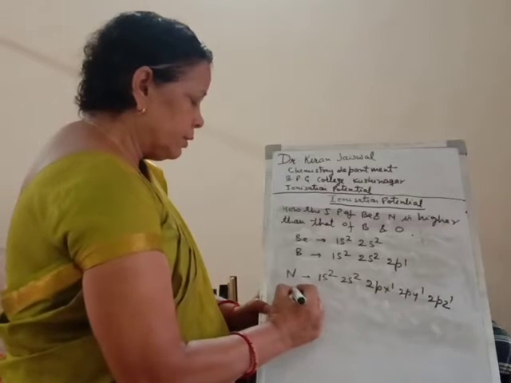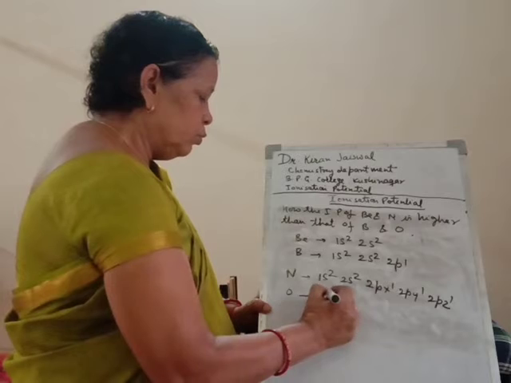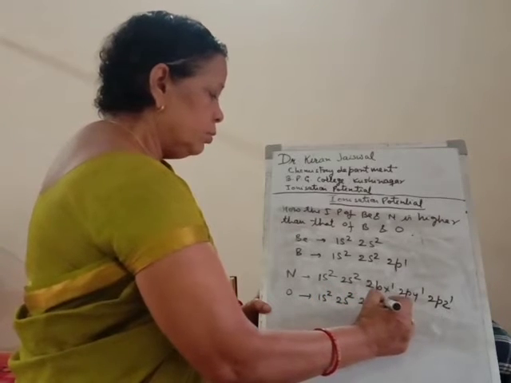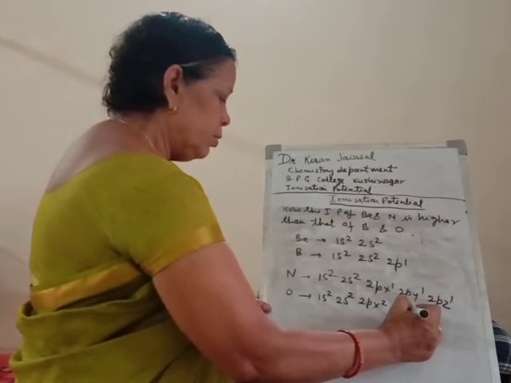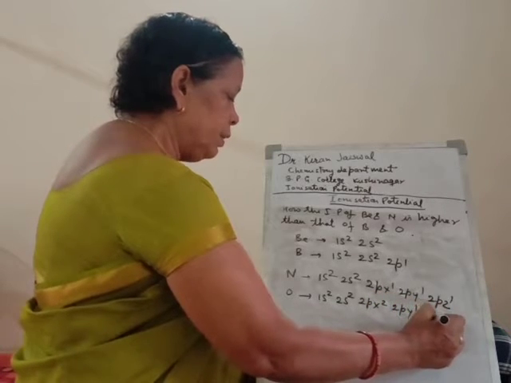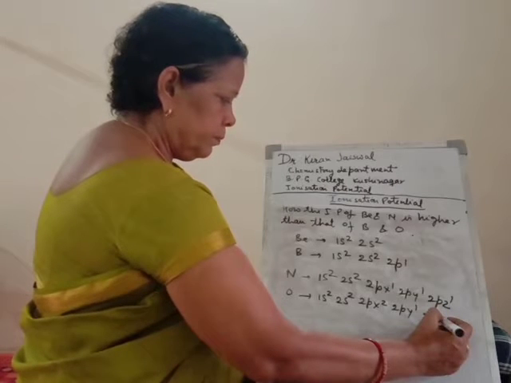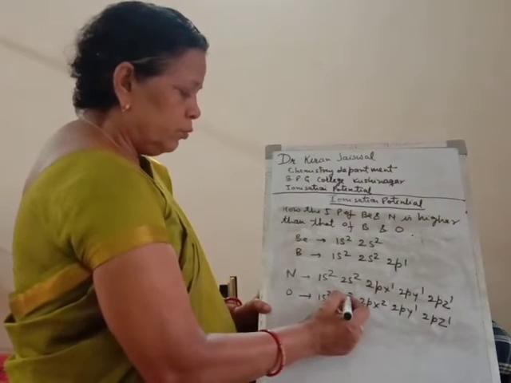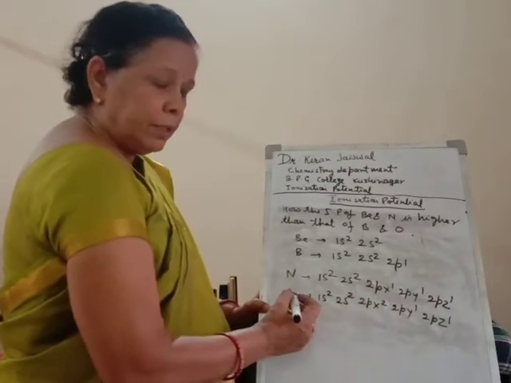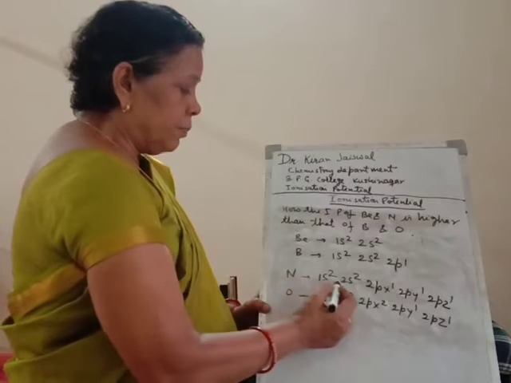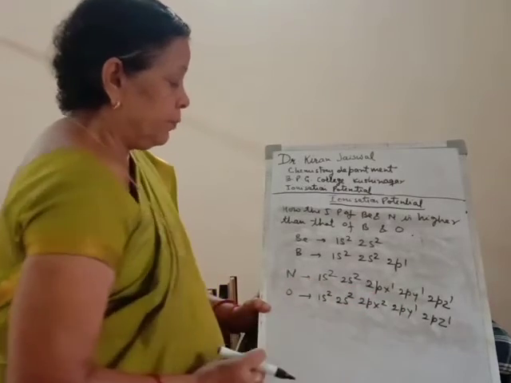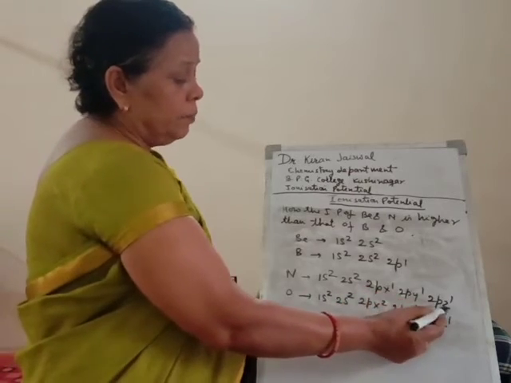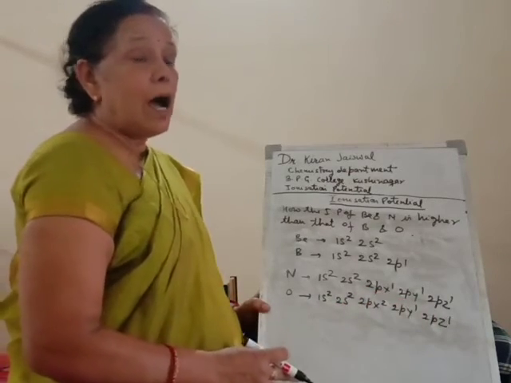And in the case of oxygen, it is 1s2, 2s2, 2px2, 2py1, 2pz1. The atomic number of oxygen is 8 and the atomic number of nitrogen is 7. In nitrogen, there are 3 electrons in the p orbital, which is a half filled orbital.